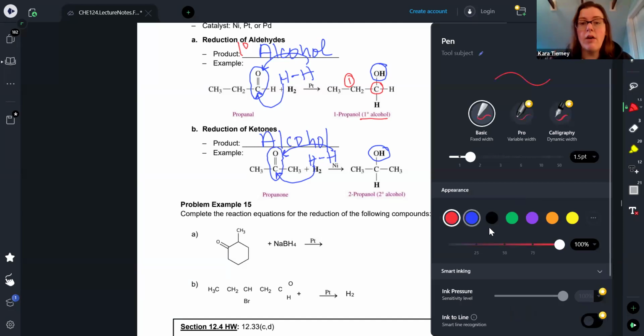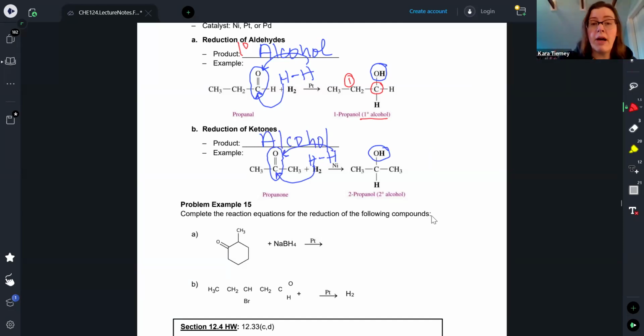Here we go. We look at the carbon bonded to the alcohol and we count how many other carbons are involved. Not involved, excuse me, I just got distracted. We look at how many other carbons are bonded to that carbon. 1, 2. So this is a secondary alcohol.